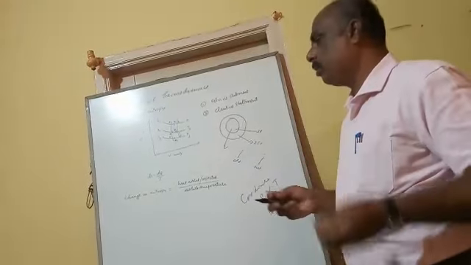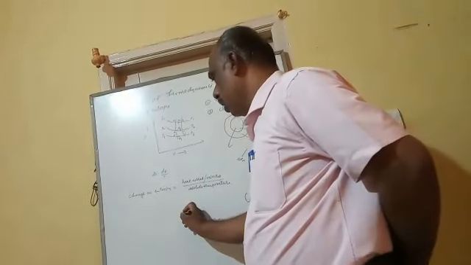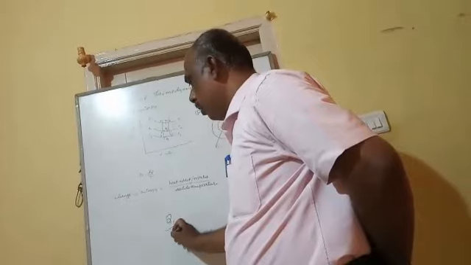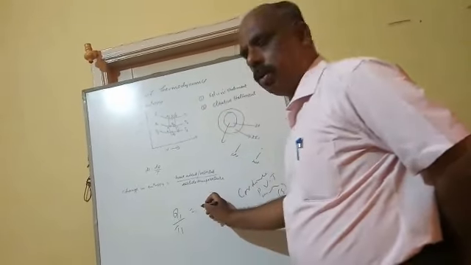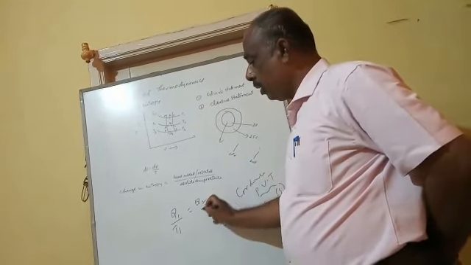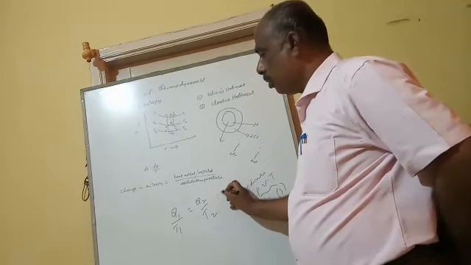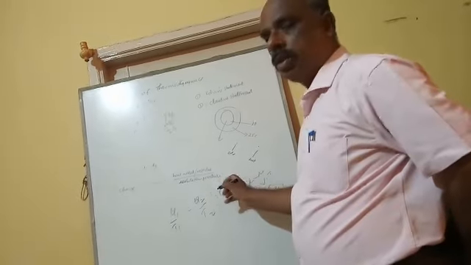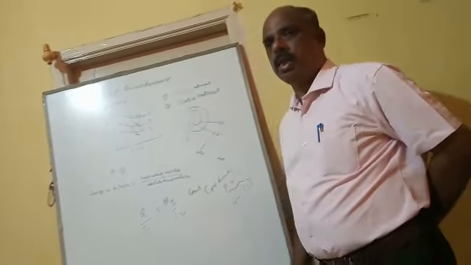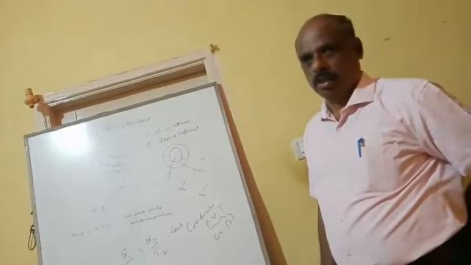You can explain in terms of Carnot's theorem: Q1 divided by T1 is equal to Q2 divided by T2 is equal to a constant. Q3 divided by T3 is equal to a constant.